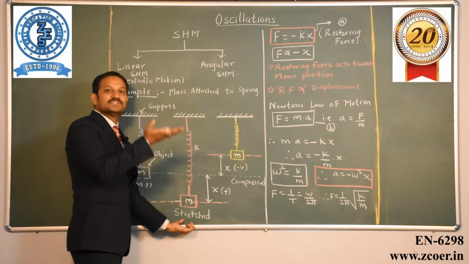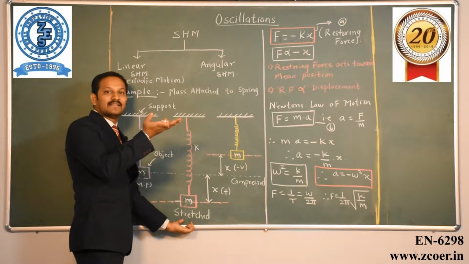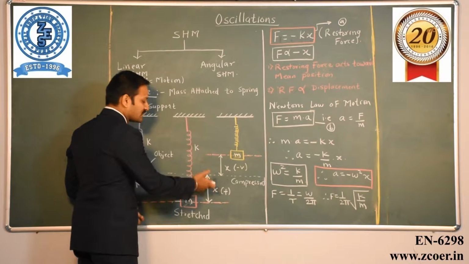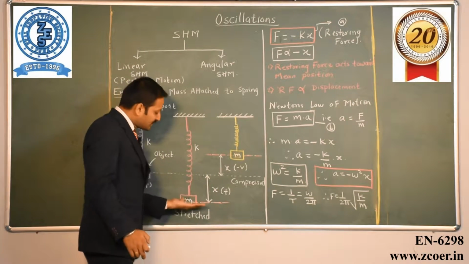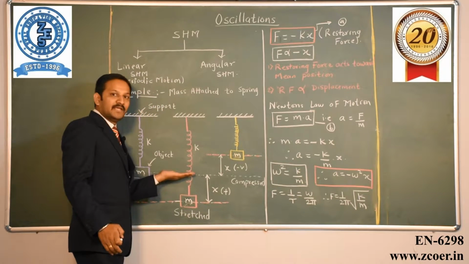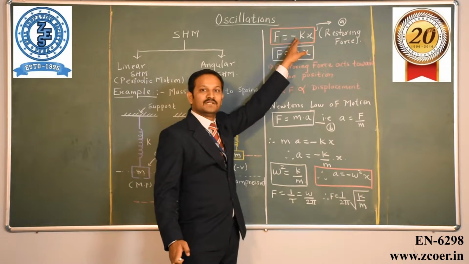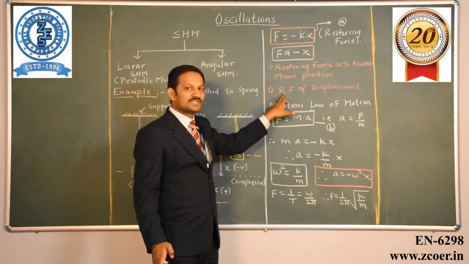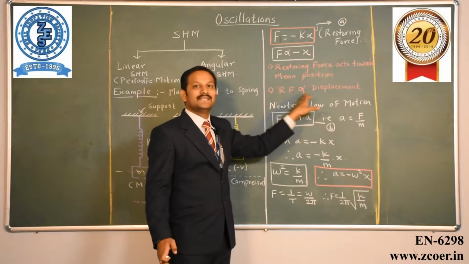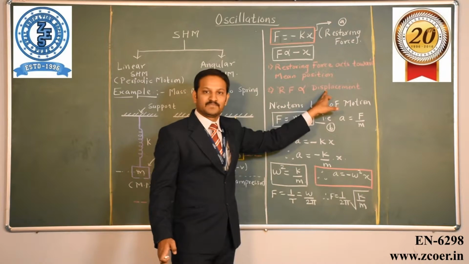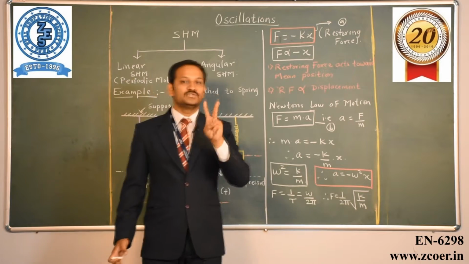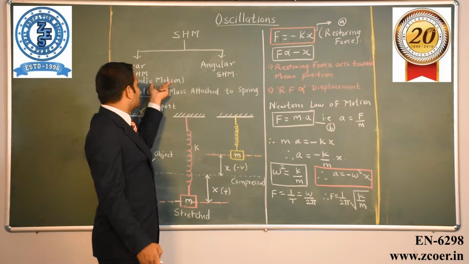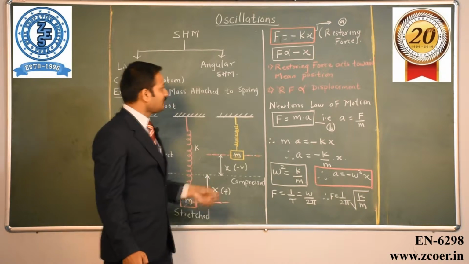There is always an opposing force in upward direction, and its magnitude is equal to the spring constant multiplied by the displacement. So it is always directed towards the mean position, and that is why the minus sign comes. The second condition is that the magnitude of the restoring force is directly proportional to the displacement. These are two very important conditions for any body which undergoes simple harmonic motion.